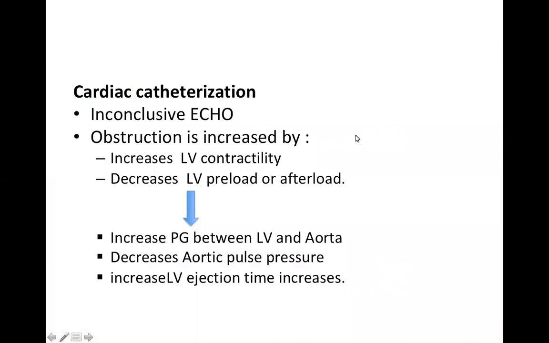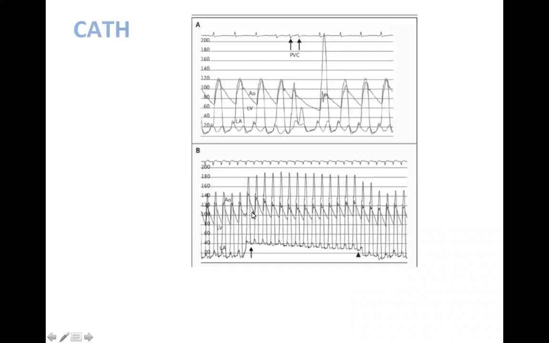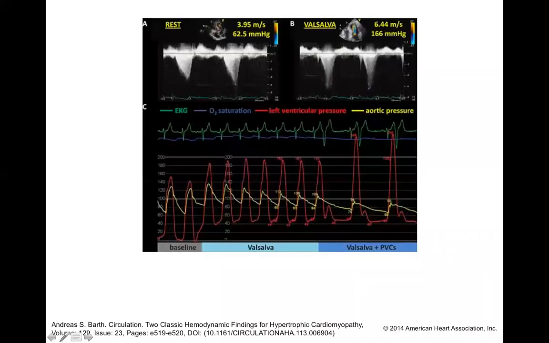We'll come to the cath for inconclusive echo. As we know, the obstruction is increased by contractility, or by any situation that leads to decreased preload or afterload, which will increase the gradient between the LV and the aorta.